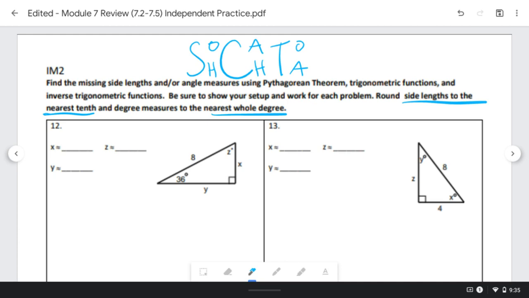Now, it's important to know when you use the Pythagorean theorem, when you use the trigonometric function, and when you use the inverse trigonometric function. So I'm going to make a little note right here so you remember when to use what. Pythagorean theorem is only when you're given two sides.